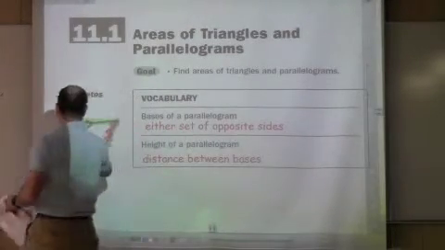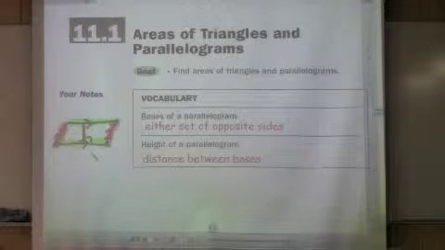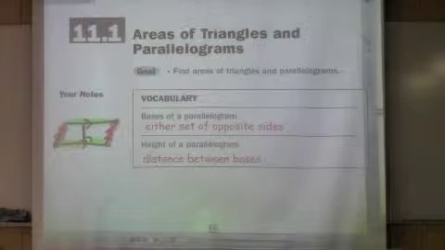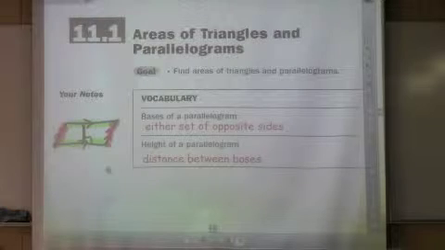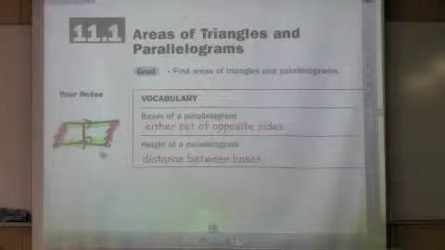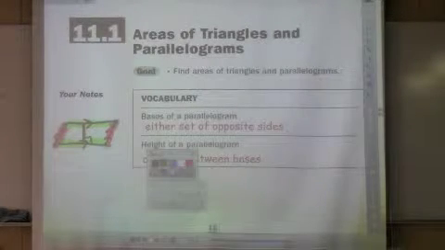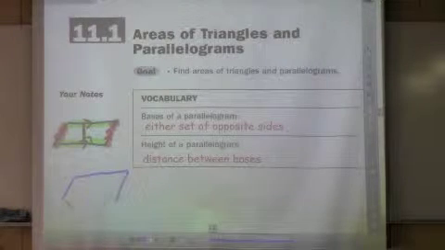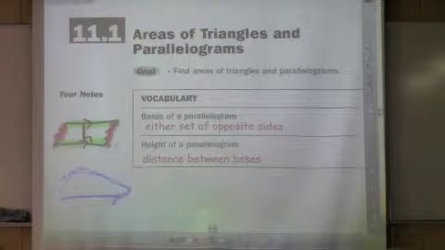What if I pick the red though? How would I find that distance? Addison? How would you find it? Hayden? You have to find the length of the segment that is perpendicular to one of the bases and one set to the other base. Yeah, so if I took this same thing, I'm going to try to recreate it here. If I took that, it's almost like if you were to take it and turn it.